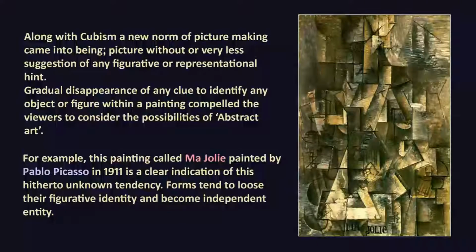Now, when you look at one very early example of abstract painting, which was a result of Cubism, for example this painting called Ma Jolie, painted by Pablo Picasso in 1911, this painting is a clear indication of this hitherto unknown tendency.